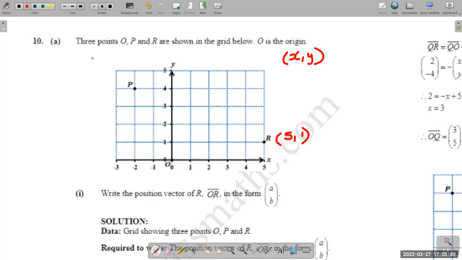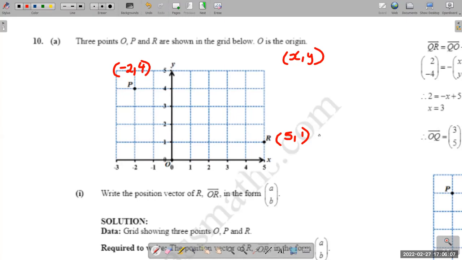Let's look for P. Where is P? What are the coordinates of P? The coordinates of P have an X value of -2 and a Y value, we go up to +4. Okay, I'm seeing persons sending it to me directly through the chat.